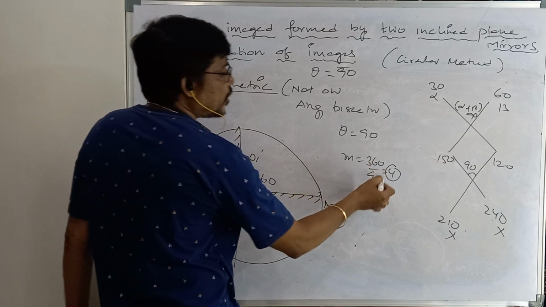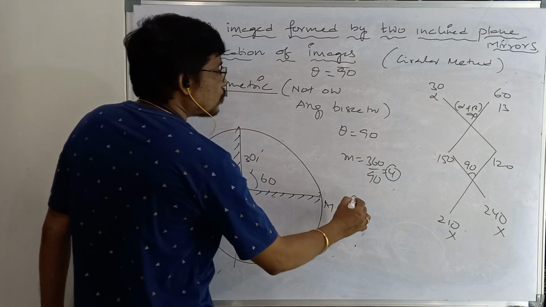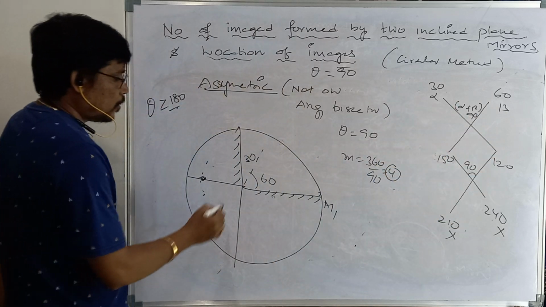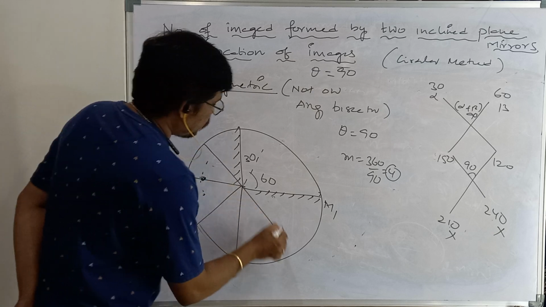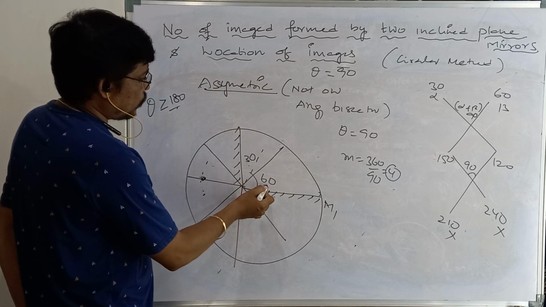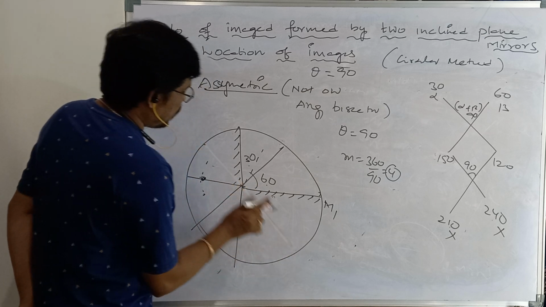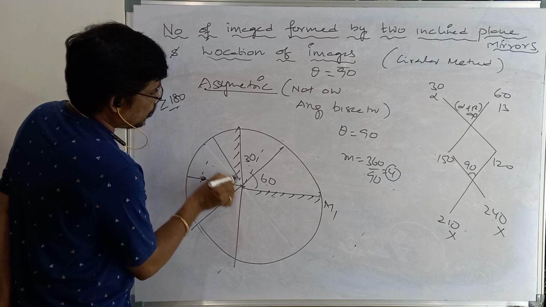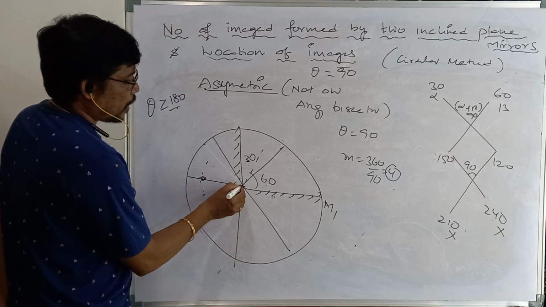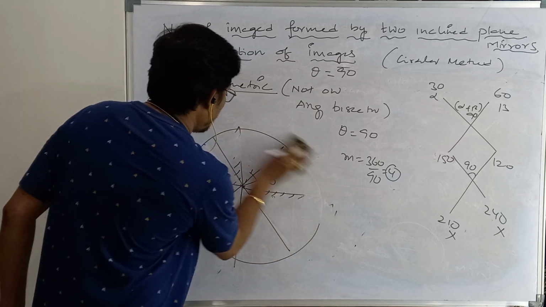Already we got m as 4, so let us check the number of images. This is 30, this is 60 of course. I would like to draw this neatly, so I am bisecting.